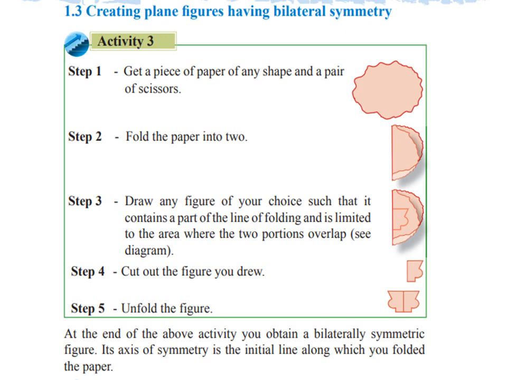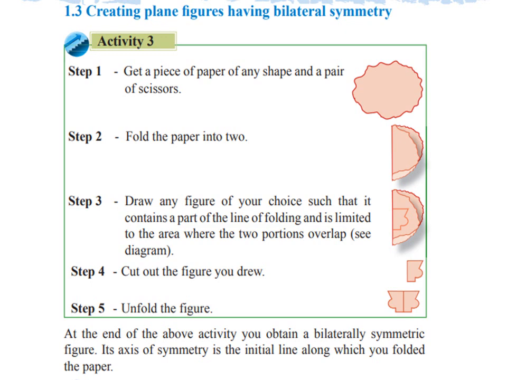So at the end of the above activity, you obtain a bilateral symmetric figure. Its axis of symmetry is the initial line along which you folded the paper. That means, as I told you, in step 5, after you unfold the figure, you get a bilateral symmetric figure.